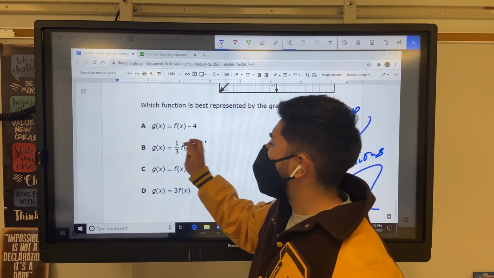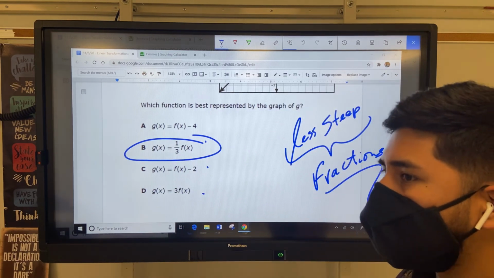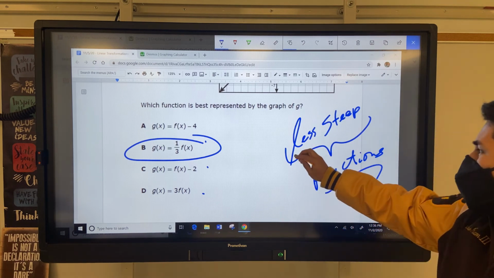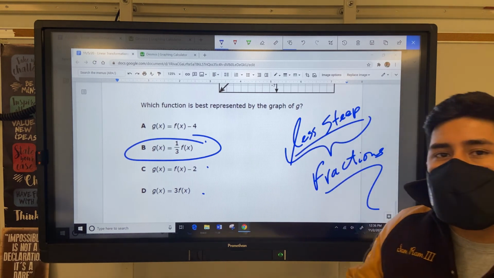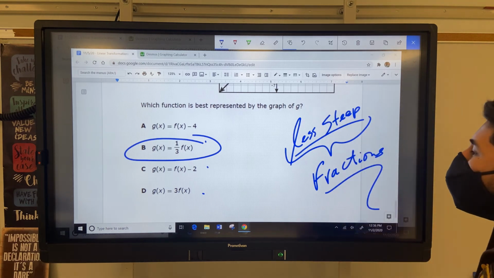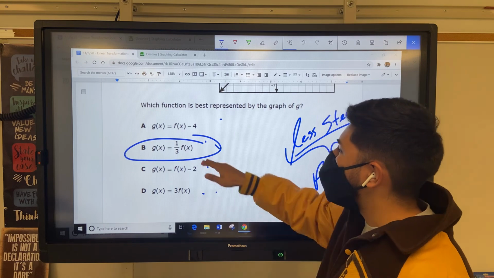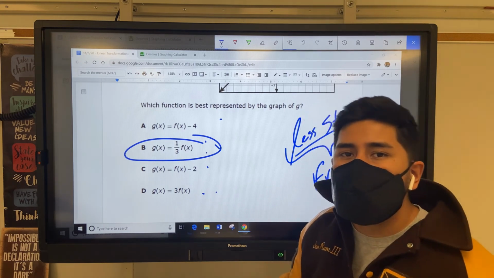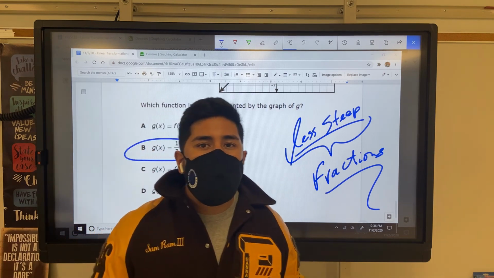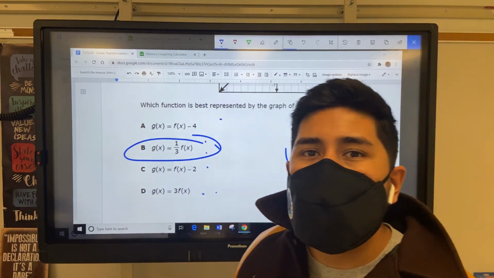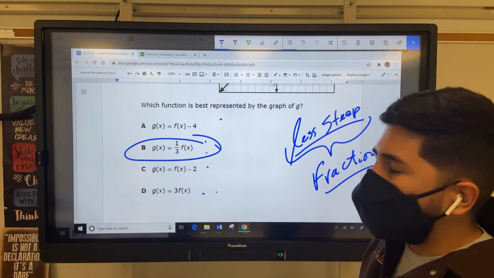I can automatically say, hey, Desmos is good, but I should be able to remember less steep means fractions. And fractions, boom, you got the answer done. But yes, of course, take your time, put each one of these into your Desmos, and you'll see that B is the answer, I promise. And that's the way the quiz is going to be, so be very careful. Make sure you're mindful of what the definitions of steeper and less steep is, and you'll be all right.